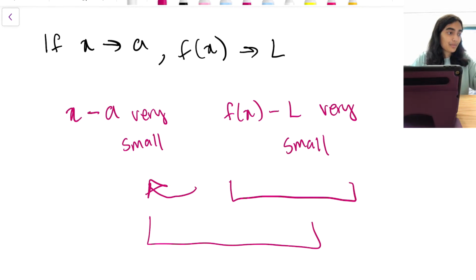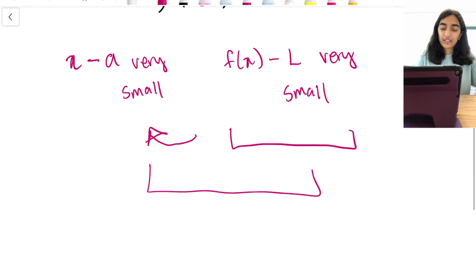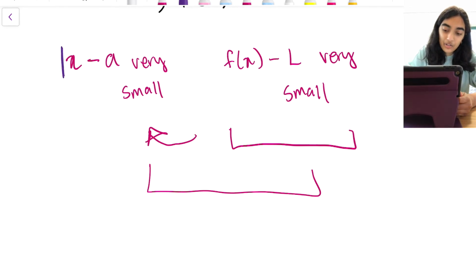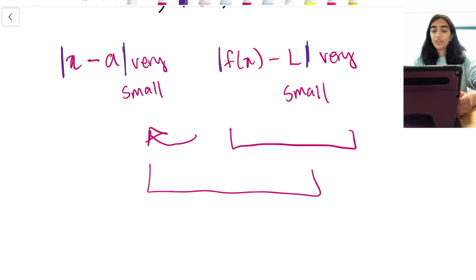And so let's call these differences. We're actually going to take the absolute value, and the reason why is that we don't care whether our x value, which is very close to a, is either a little bigger than a or a little smaller than a.